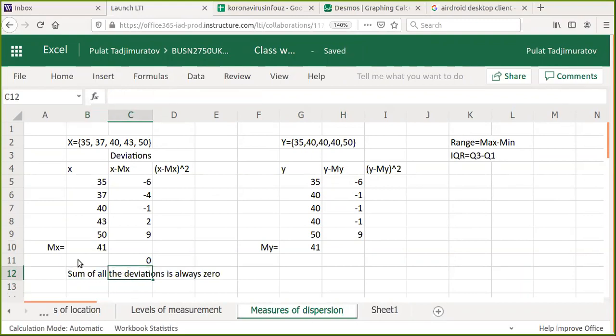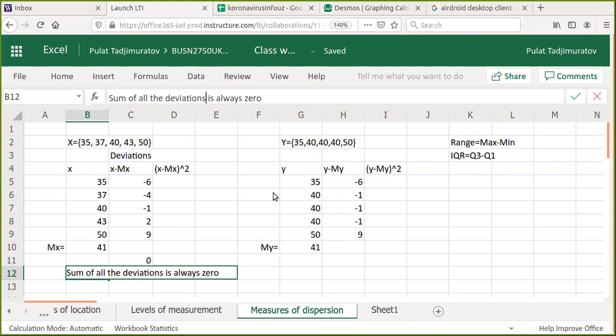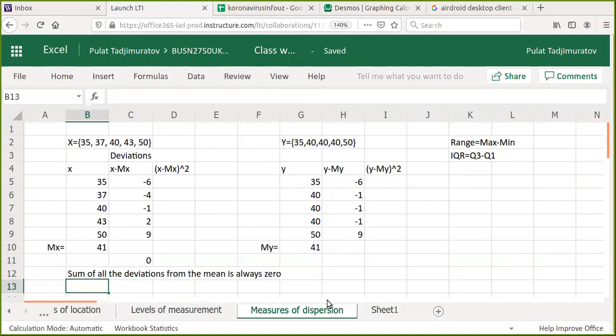Deviations from the mean, let me put it here, because you can have deviations from the median in some situations. So I can't find the average. Well, in fact, I can find it, but it will always be 0 because the sum is 0.